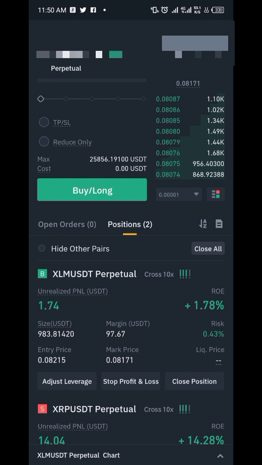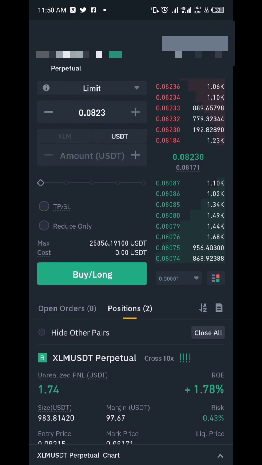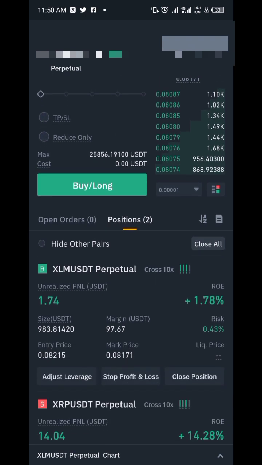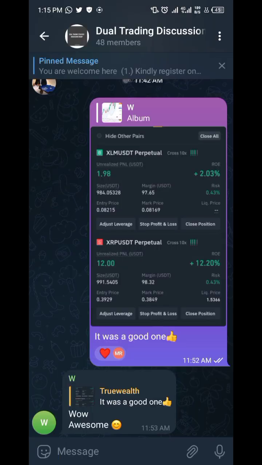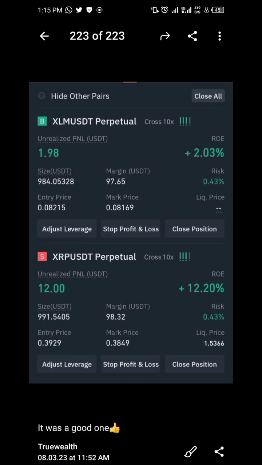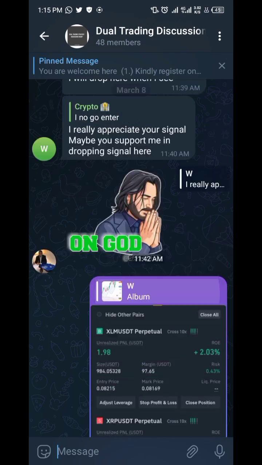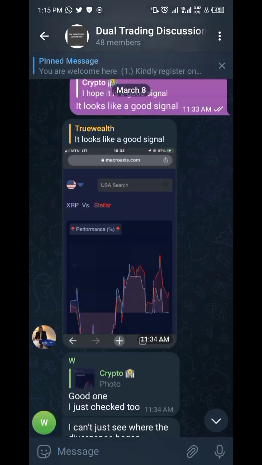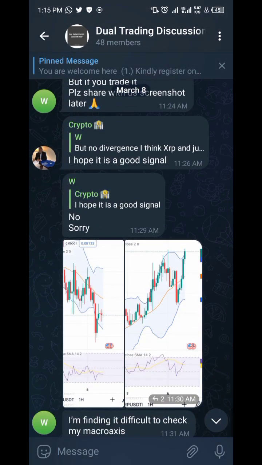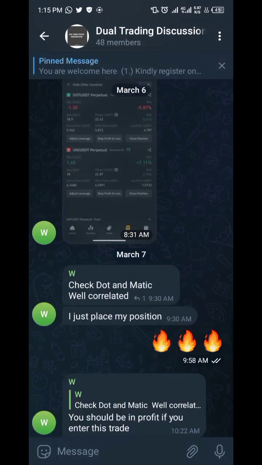When you join properly, there are guidelines that I have for you, and it's a very comprehensive way of learning. As you can see, look at this now. This is the dual trading discussion group, and this signal was not even dropped by me. It was dropped by one of our students, and we have been trading.